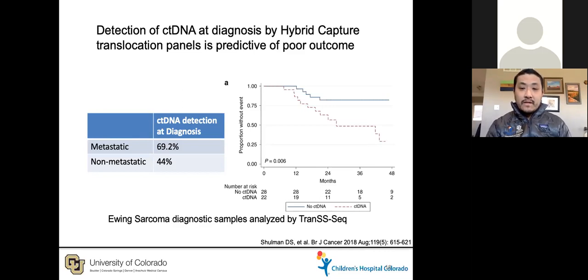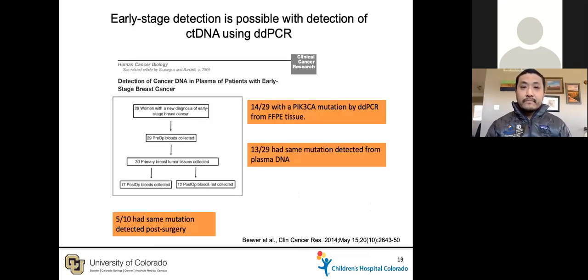They demonstrated that if you have a detectable EWS-FLI1 by this trans-seq panel at diagnosis, your prognosis is not really great. The challenge of that approach is that, as you saw, even for metastatic patients you really don't get good sensitivity or detection rate.